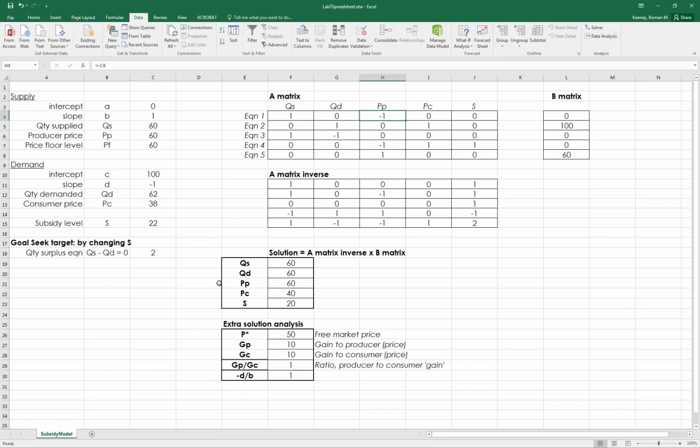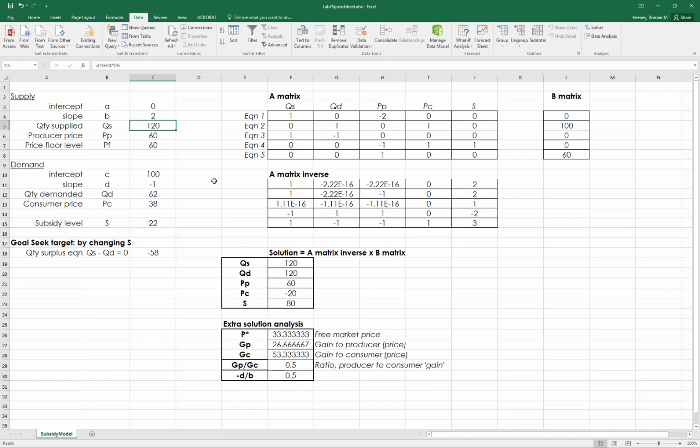changes to supply and demand response, and you'll be able to answer those just by looking in your spreadsheet subsidy model here. One last thing to point out, let's just double the supply response in this model. And you get some bad results. We end up with a very large quantity supplied and demanded. The producer price is now 60, the consumer price is -20, and the subsidy level is 80, and that just won't work.